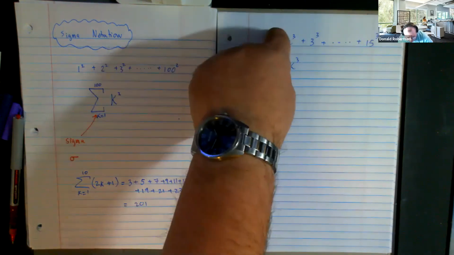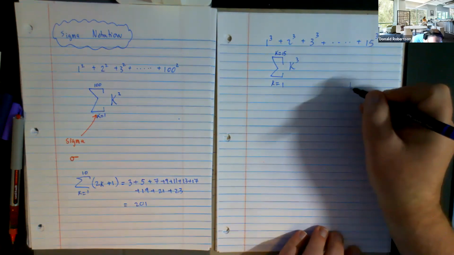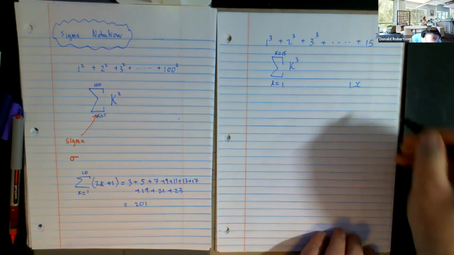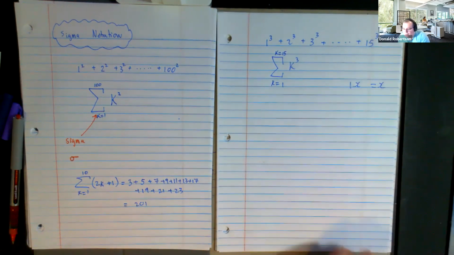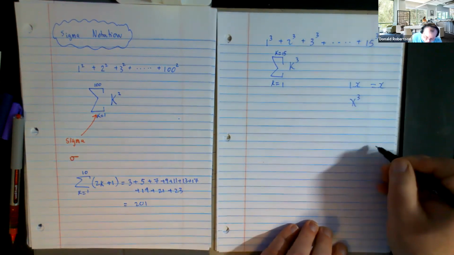This is messy. This is concise. Mathematicians hate writing down anything we can possibly avoid. Have you ever wondered why we don't write 1x? Because can't we just write x and everybody knows it means 1x? Don't we write x cubed? Because we need to.